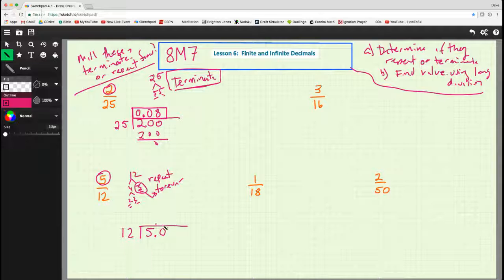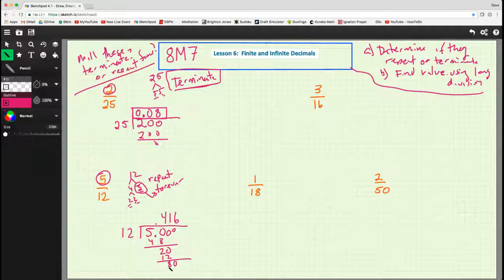So 0, that's a 4. 4 times 12 is 48. 20. 12 goes into 20 one time. 1 times 12 is 12. 8, bring down our 0. 12 goes into 80. Let's see, 6 times. 6 times 12 is 70.